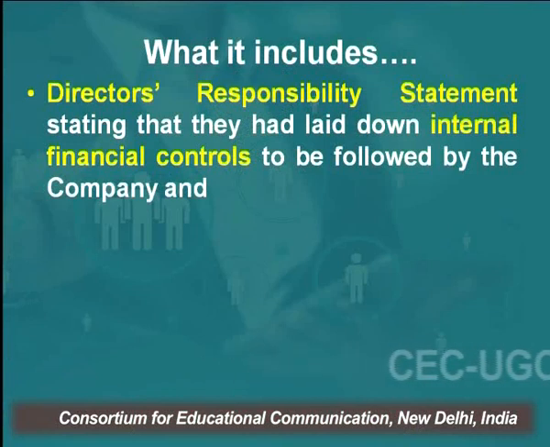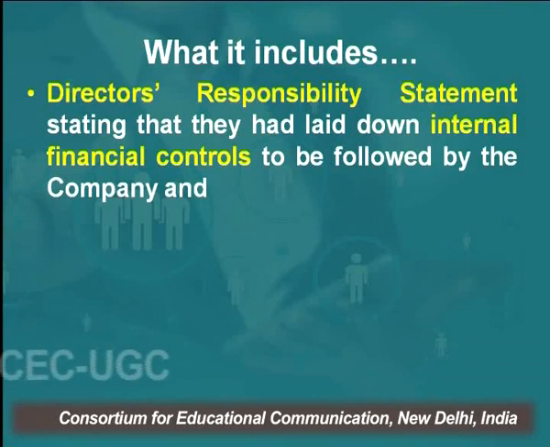It states that they had laid down internal financial controls which are to be followed by the company. In this statement, directors are declaring, or you can say they are taking a responsibility.